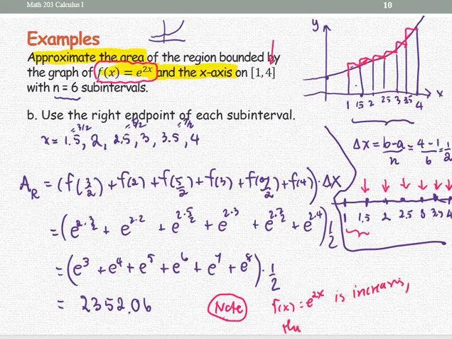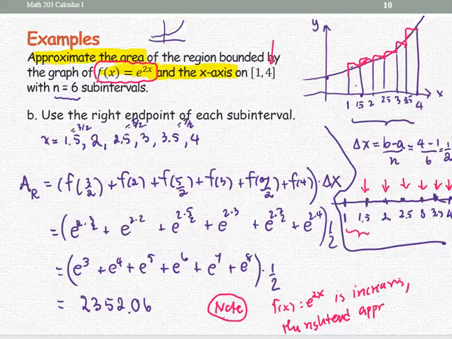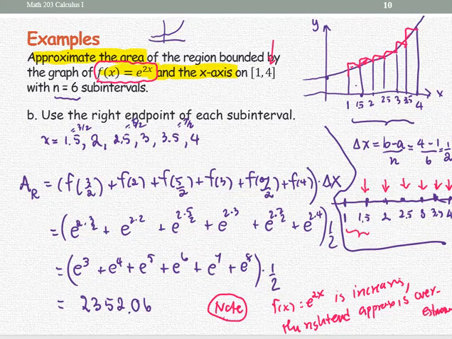So then the right endpoint approximation is an overestimate. So think about if the function is decreasing, it's going to be the opposite way. So the graph can help you determine which one is better.